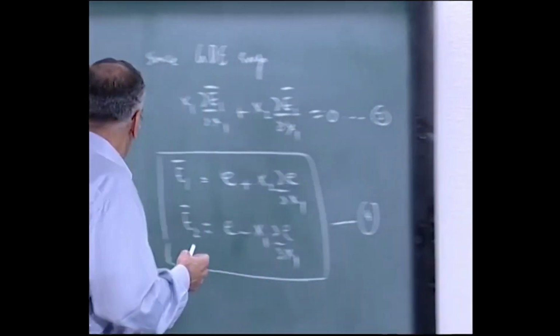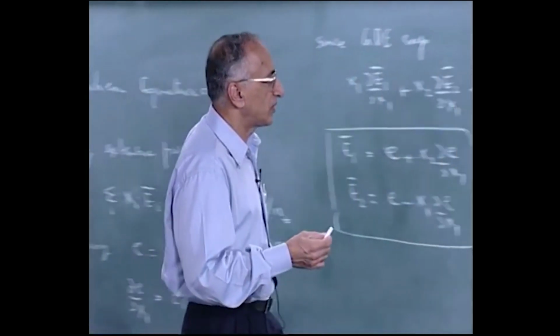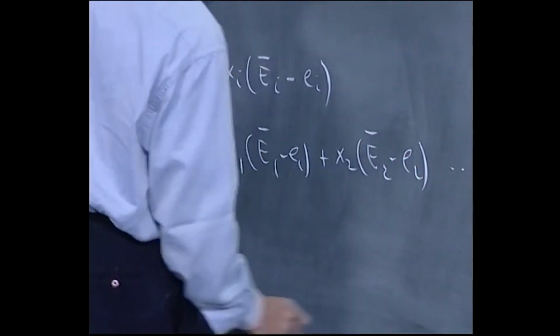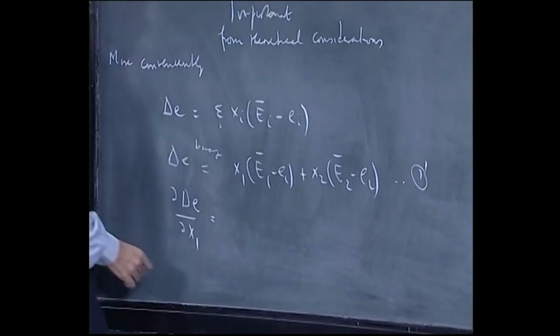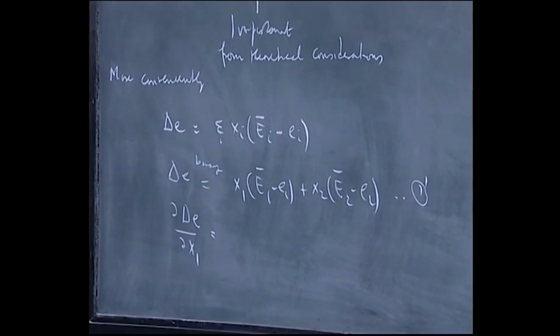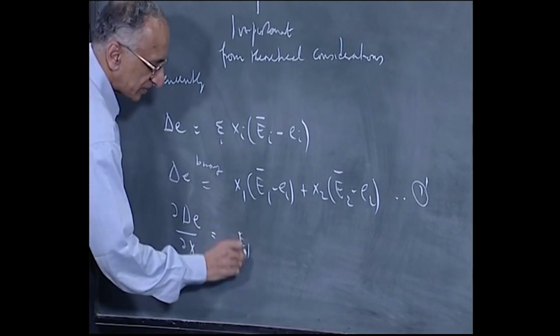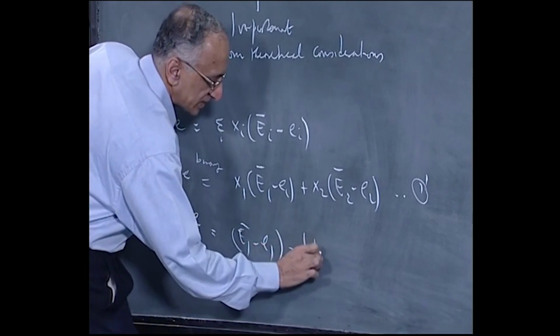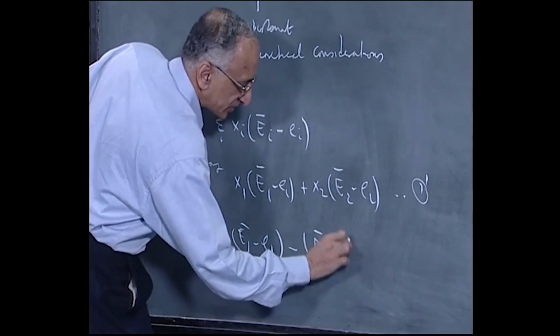I am rewriting all these equations. So these are not new equations, but these are equations written. This will be 1 prime in terms of mixture properties. So this is E1 bar minus E1 minus E2 bar minus E2.